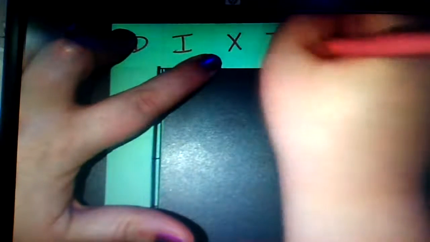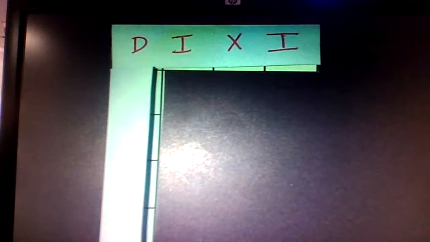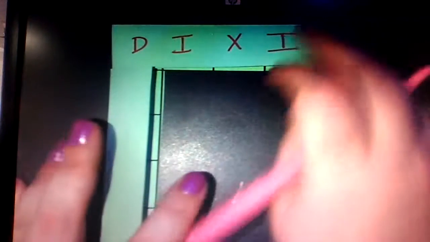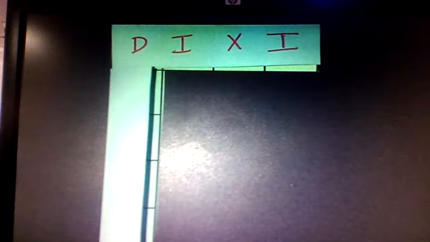So the first word is Dixie. D-I-X-I. Okay. Dixie. Just fold it in. Fold it down and fold it over. Yeah, you're good.